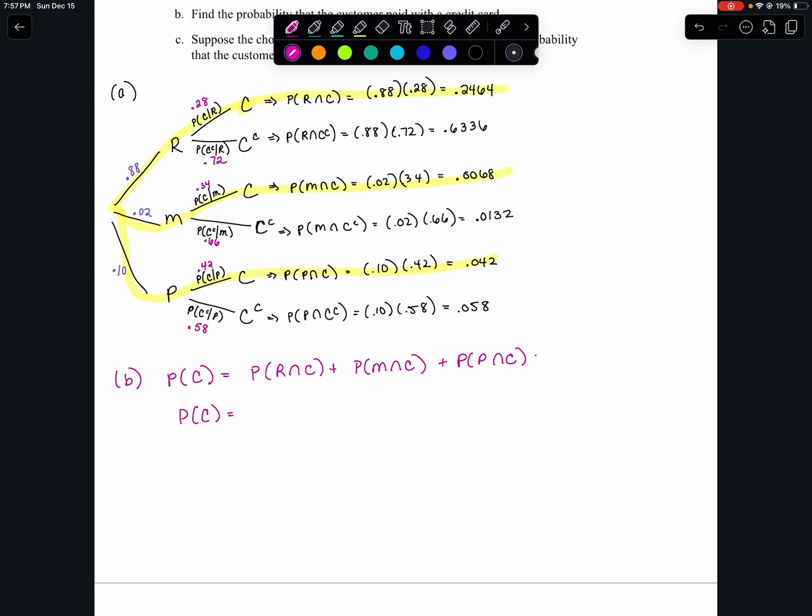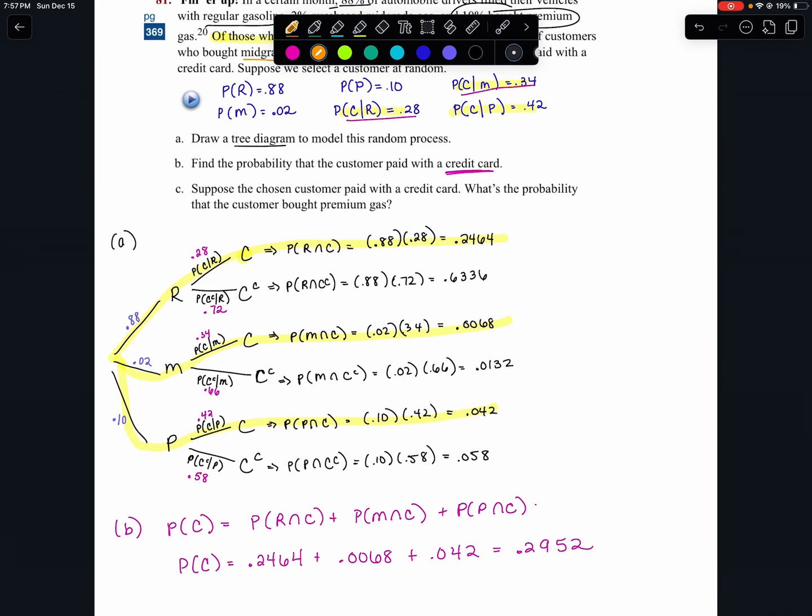So that will give us our 0.2464 plus 0.0068 plus 0.042, which will give us a grand total of 0.2952. Okay, so about 29.52% are paying with a credit card. I would think that would be higher, but that's okay.